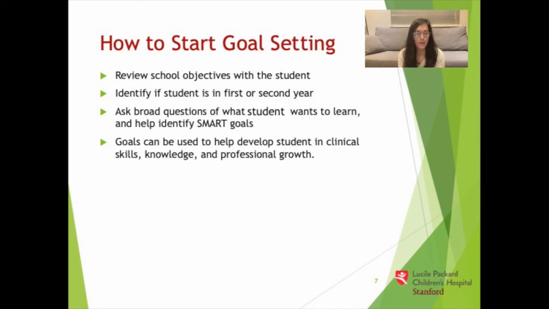You can ask the student what they want to learn, asking the broad questions, and also just think about different elements that would help them grow. Not just knowledge base, but skills and also professional growth. I feel like that is something that nurse practitioners or PAs, we do naturally sometimes and not think that the student needs to learn that as well.